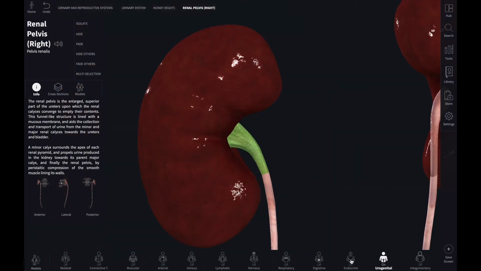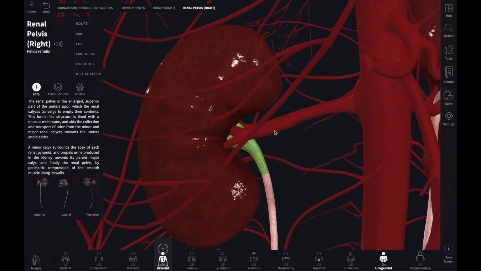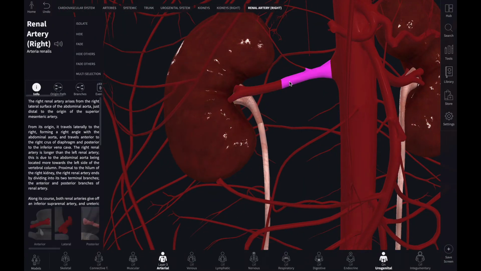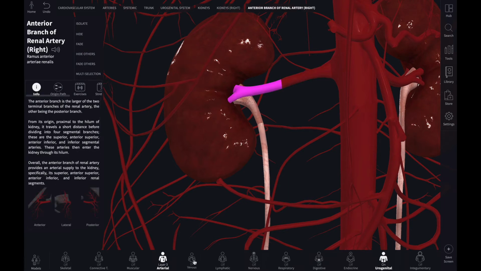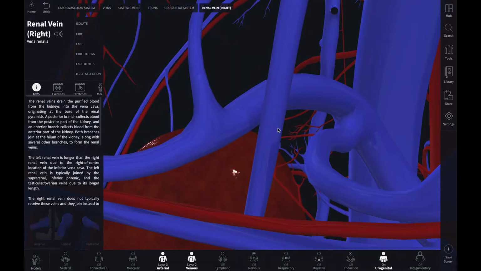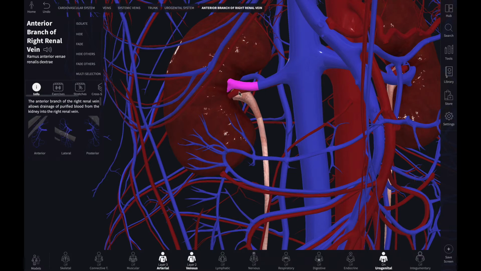You can see the entry of the renal artery. This is the main renal artery that is entering into the kidney, and also the renal vein. You see here, this is the renal vein that is entering into the hilum, and the renal artery.